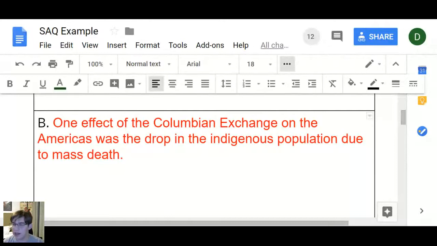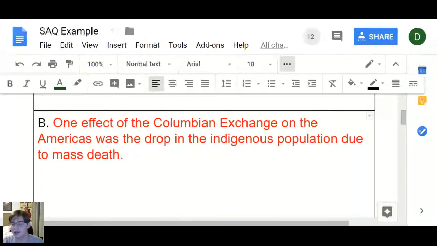80% of the Native Americans died in epidemics following 1492 because they had not built up internal immunities to disease. Okay, that's a start. Now I want you to name specific evidence. Not just that they died due to disease, but that they died due to smallpox and measles. Those are the two big ones. Maybe malaria, perhaps.